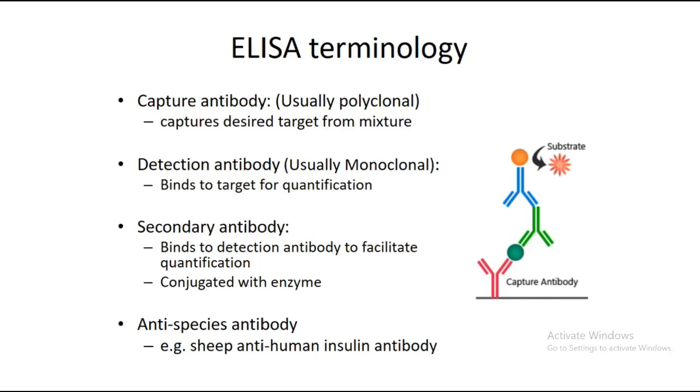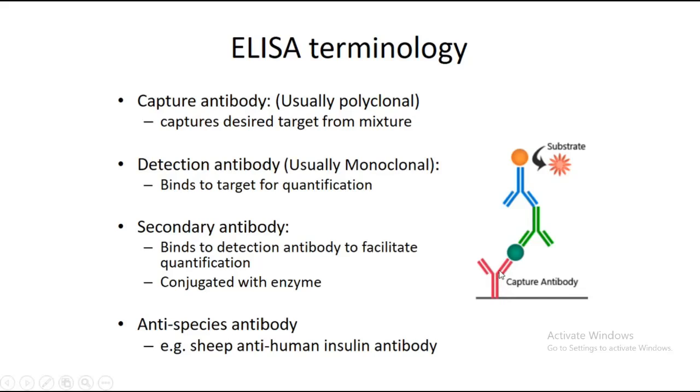Now, in terms of other terminology you may come across if you buy an ELISA kit, it will refer to anti-species antibody. What this basically means is it tells us where these antibodies came from, i.e. was this antibody produced in a mouse, was it produced in a cow, and it'll tell us whether the antibody is anti-human.